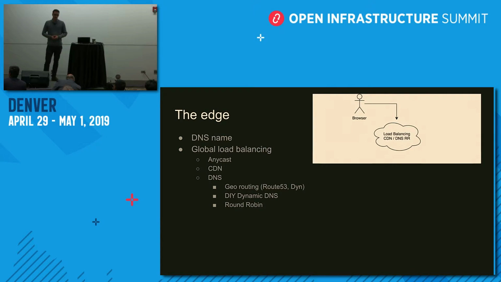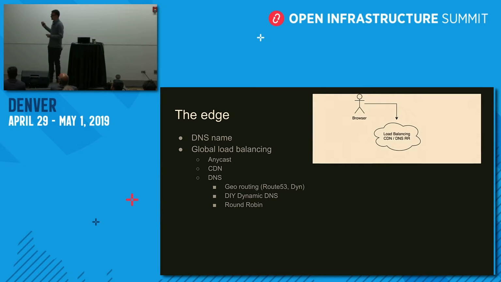so that when the customer enters the DNS name, it would resolve to an IP that's coming from that cloud provider or that other cloud provider. That's a really simple thing to do. Maybe you have a bit less control. And there you could do something based on geo-routing, and that's available in Route 53 at AWS, or dyn.net, I think. And if you go the open source route, you can do geo-DNS, I think.